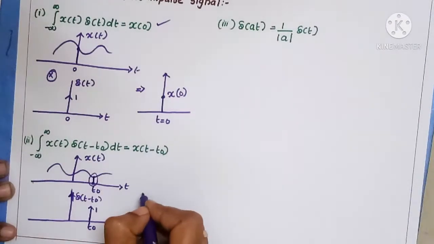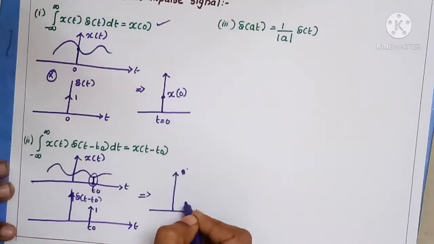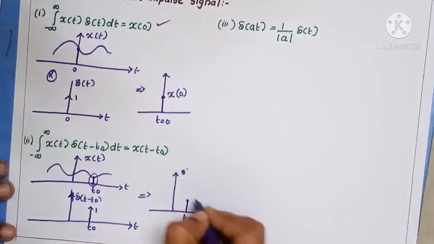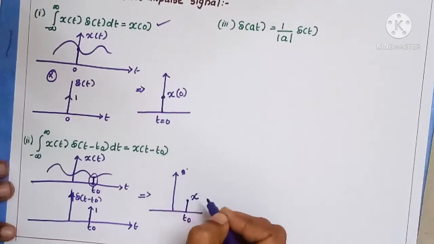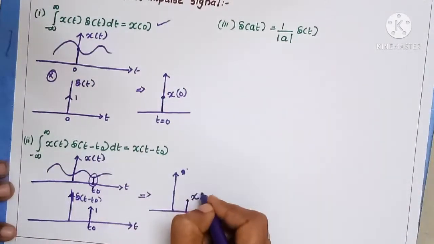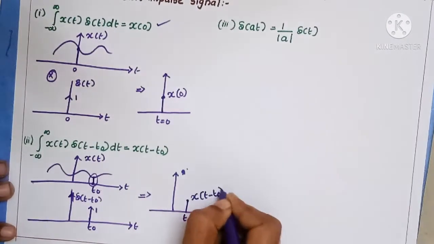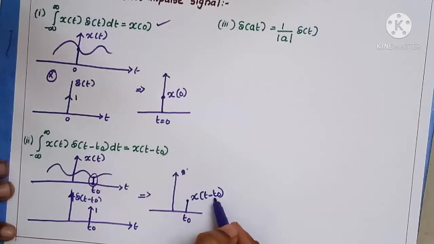So we can draw, we get only the signal value at t0. This signal can be represented. This is our arbitrary signal value at t equal to t0. So we can write x of t0.